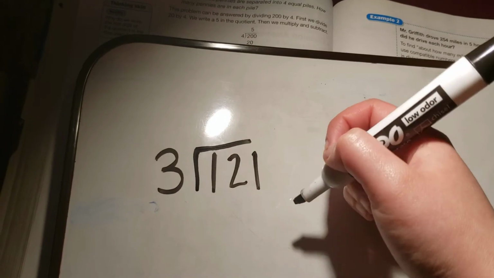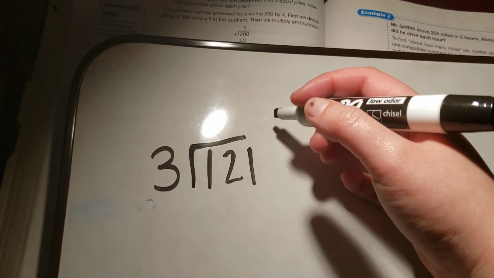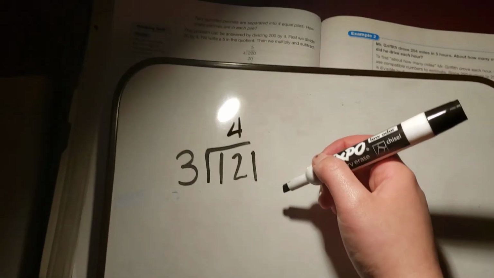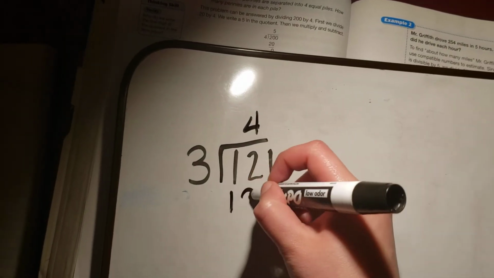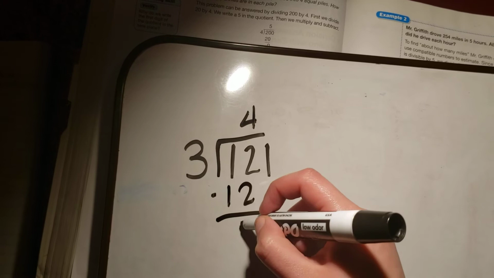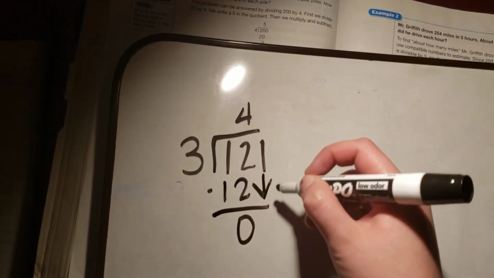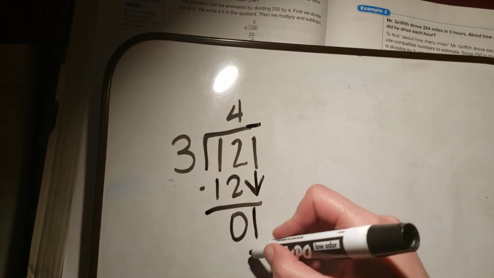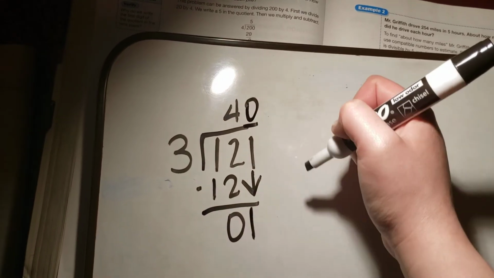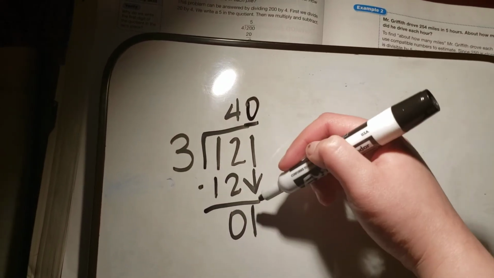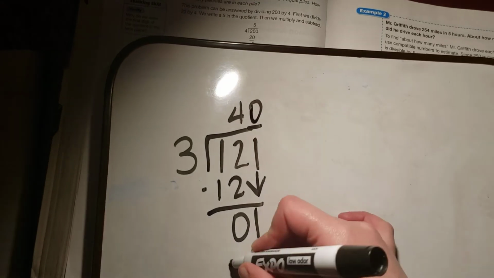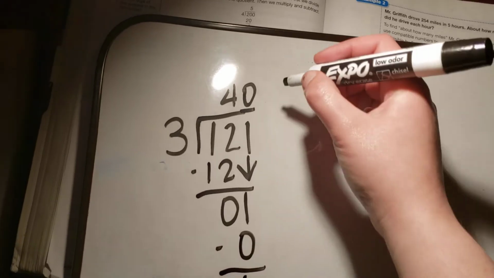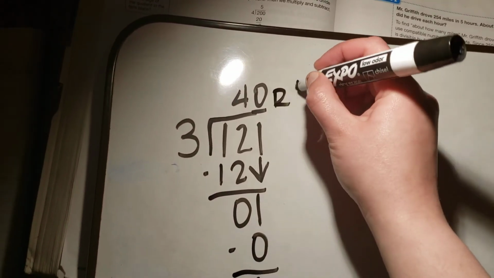So 3 goes into 12 four times, 3 times 4 equals 12. And that's 0. Bring down that 1. 3 goes into 1 zero times, because you can't put 3 into 1. 0 times 3 is 0, and 1 minus 0 is 1. We have 40, remainder 1.